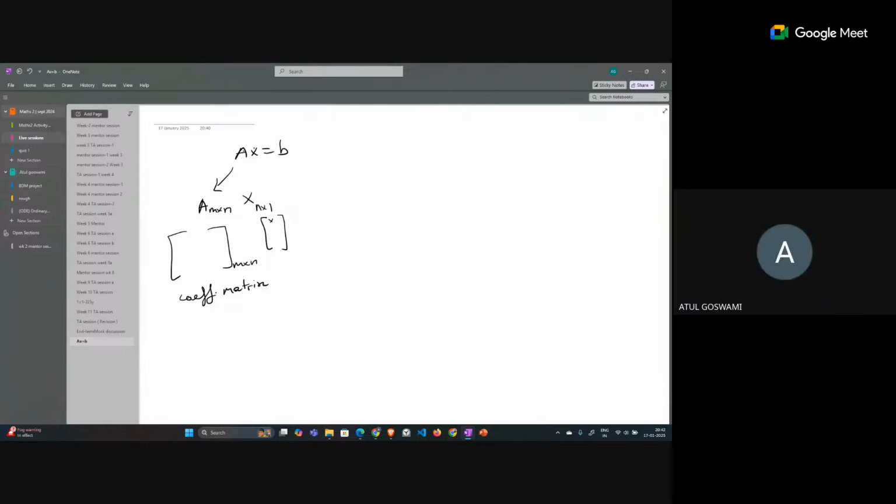Suppose there are x, y, z, 3 variables. The coefficient matrix need not be a square matrix; m and n can be different. And B is also a vector, but it contains constants. Is that clear now? Yes.